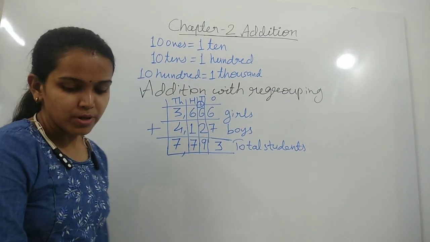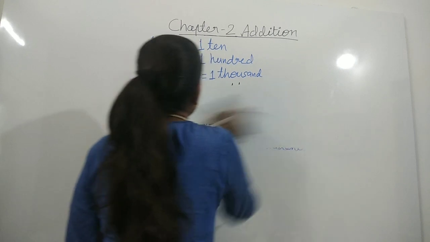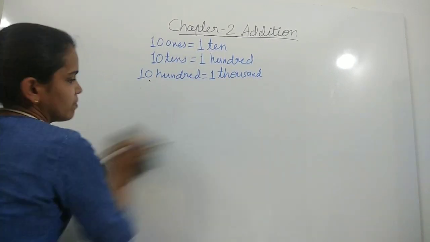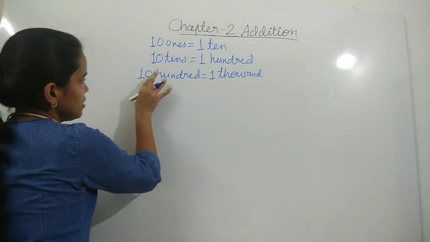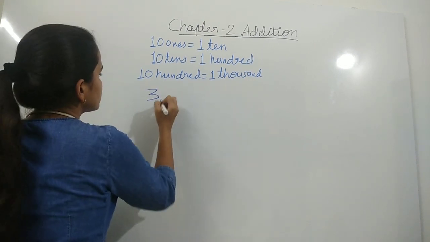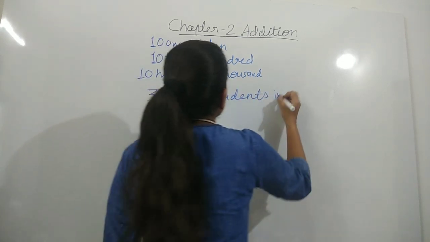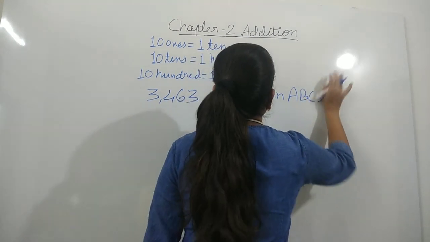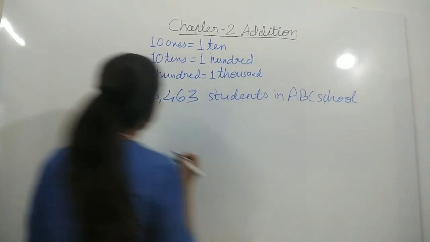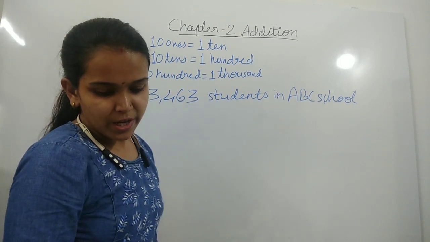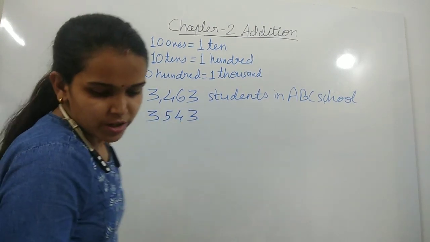Okay, let us take one more example. If it is given that in ABC school there are 3,463 students, and XYZ school is having 3,543 students.